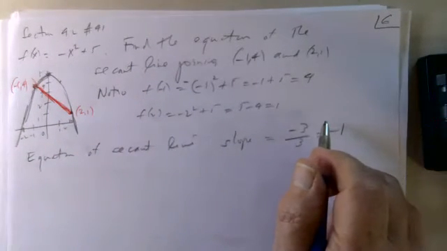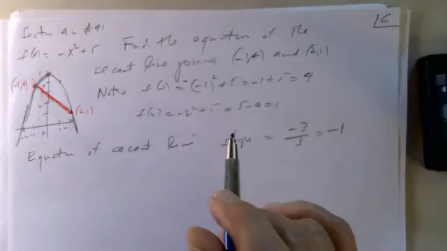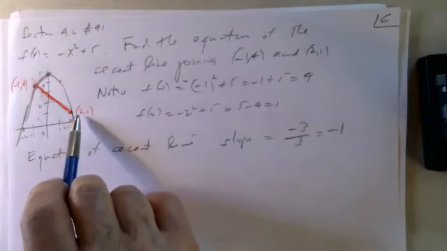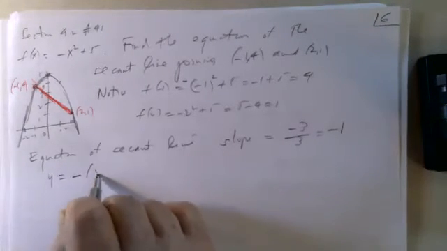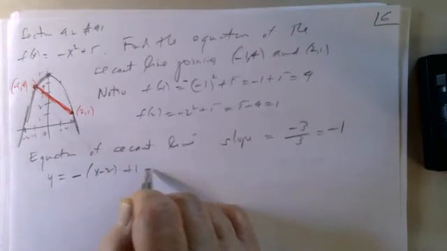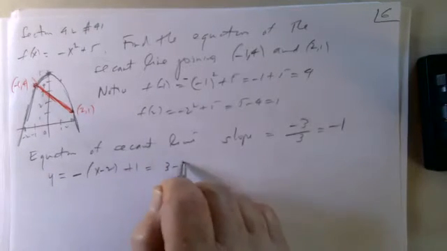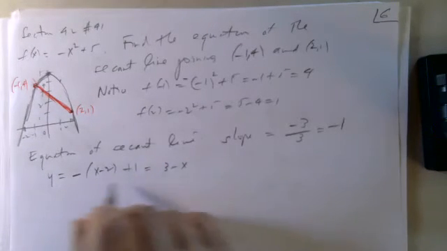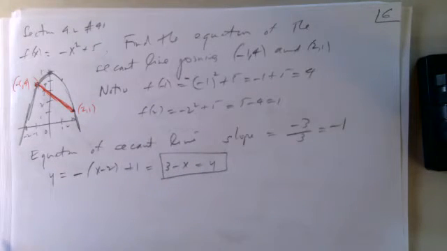So the slope is minus 1. So the line going through the point 2, 1 with this slope is y equals minus x minus 2 plus 1, which is minus x plus 2 plus 1, which is 3 minus x. So that's the secant line.